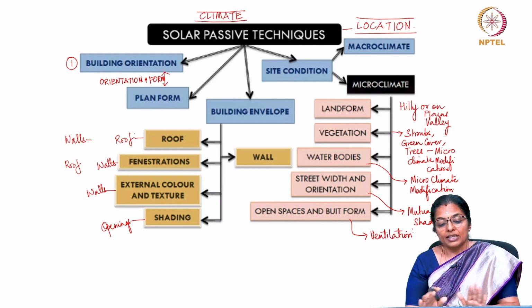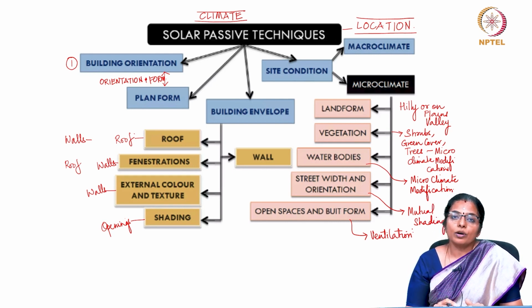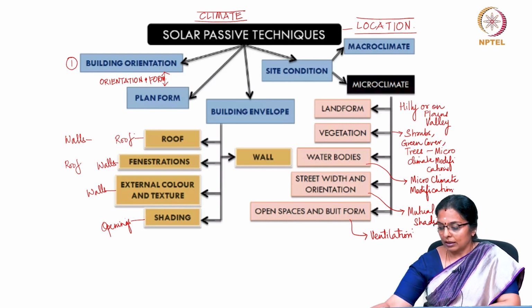So, these are the ways in which we as architects can see what all aspects about the site and our response to the site can alter the indoor thermal performance of the building.